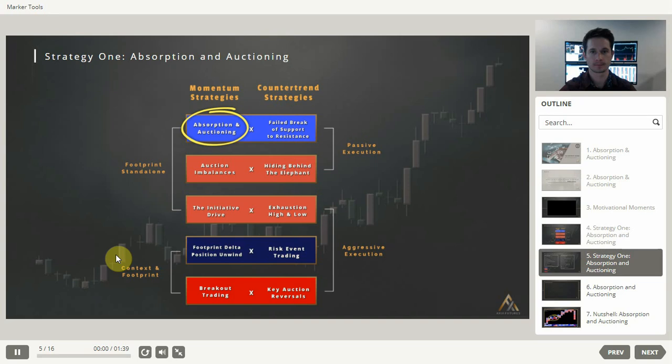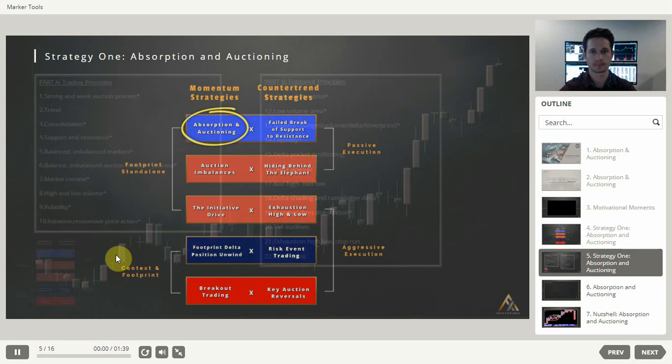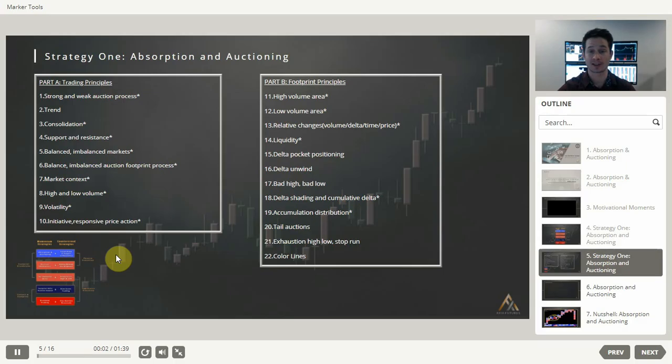Now, as we focused on in Unit 3, we went through all the various principles that you can expect to see in all the strategies. On this slide, what you can see is two sections, Part A and Part B, and those effectively come from Unit 3. But what I've done is I've annotated stars next to the principles you're going to encounter in this strategy. So you're almost expected to understand these principles in order to effectively apply the strategy.